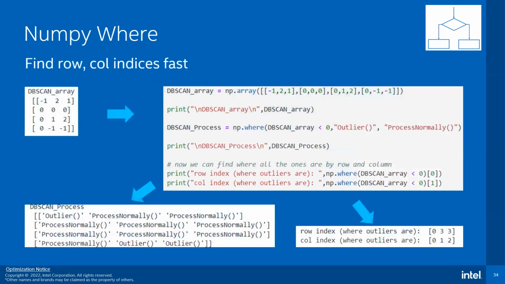So with the NumPy where clause, the idea is that we can find the row and column indices very, very quickly. I can find out where the outliers are, for example.